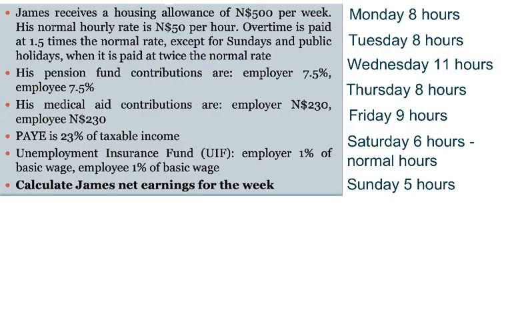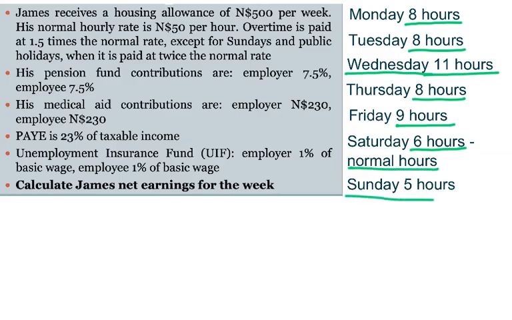That will be our starting point. Now, if I look at the information, I can see there's Monday 8 hours, Tuesday 8 hours, Wednesday 11, so there I can see there's a bit of normal overtime. Thursday 8 hours, Friday 9 hours, there's again normal overtime. Saturday 6 hours, but they tell us this is normal hours, and then Sunday 5 hours.